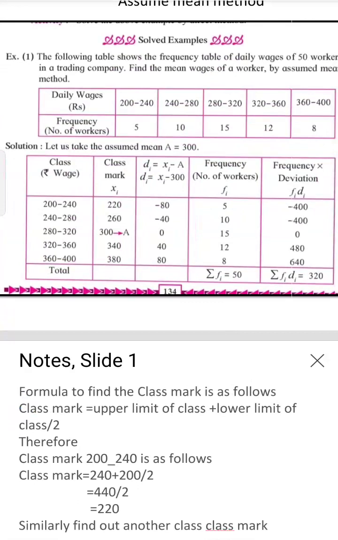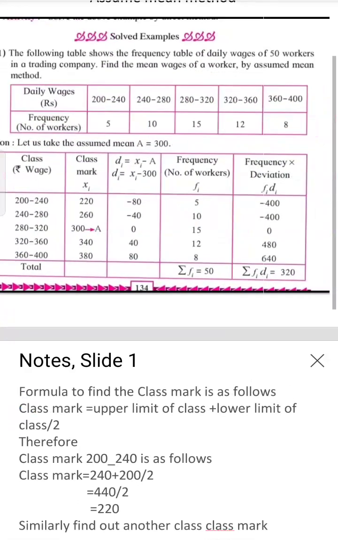Third class, 280 to 320, the class mark is 300, so the deviation is 300 minus 300, which is 0. Fourth class, 320 to 360, the class mark is 340, so the deviation of the fourth class is 340 minus 300, which is 40, and for the fifth class it is 380 minus 300, which is 80.